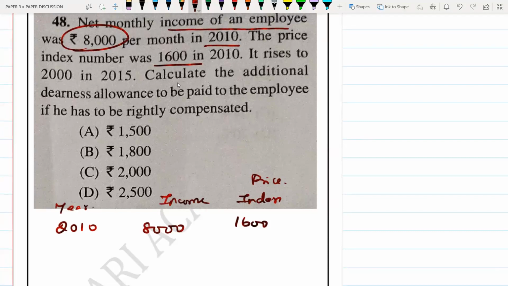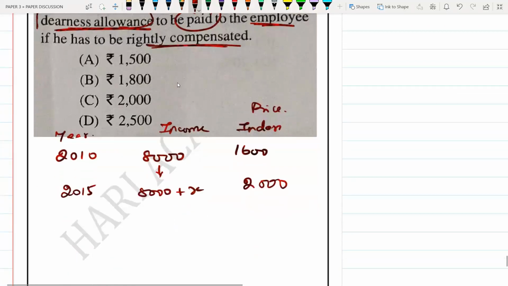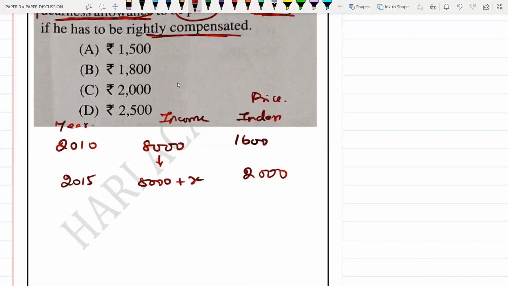Now, in 2015, the index number rises to 2,000. Calculate the additional dearness allowance to be paid to the employee. They are not asking for the total income. They are simply asking what extra additional income I need to add. From this, I need to add something as additional. I will take X. Simply I will cross multiply.